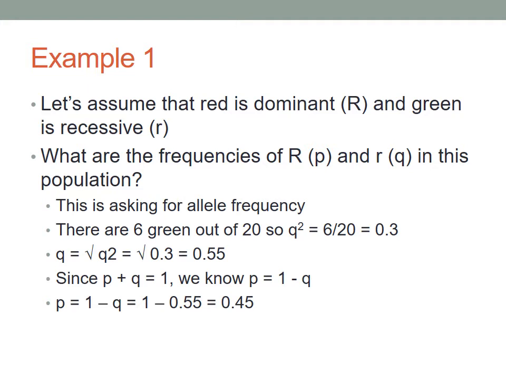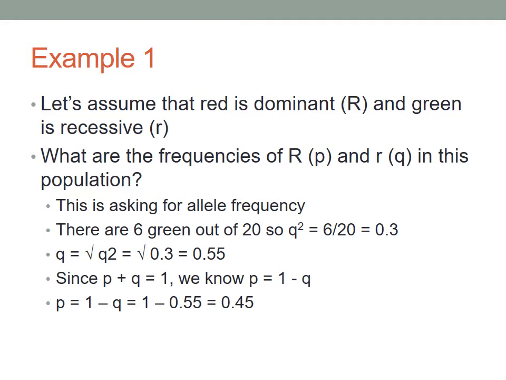So how are we going to calculate this? Well, it's going to be hard to calculate for the big R because the homozygous dominant and the heterozygotes are both going to look red right now. But we know the ones that are green, they're homozygous recessive. So let's calculate then what Q is. We know that we have 6 pentagons out of 20 total.